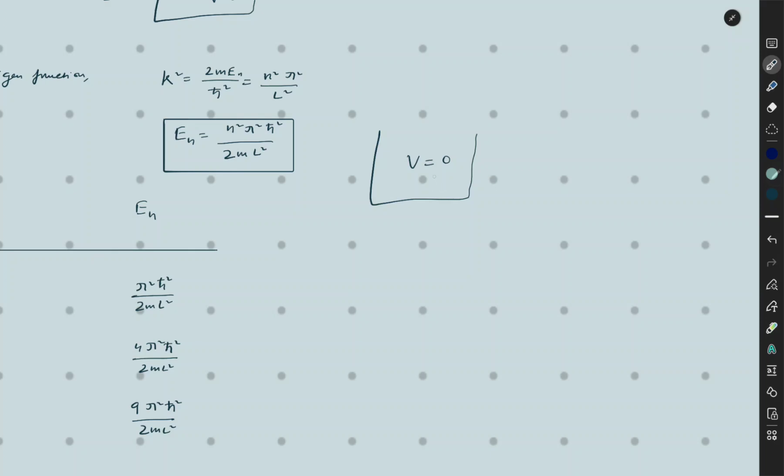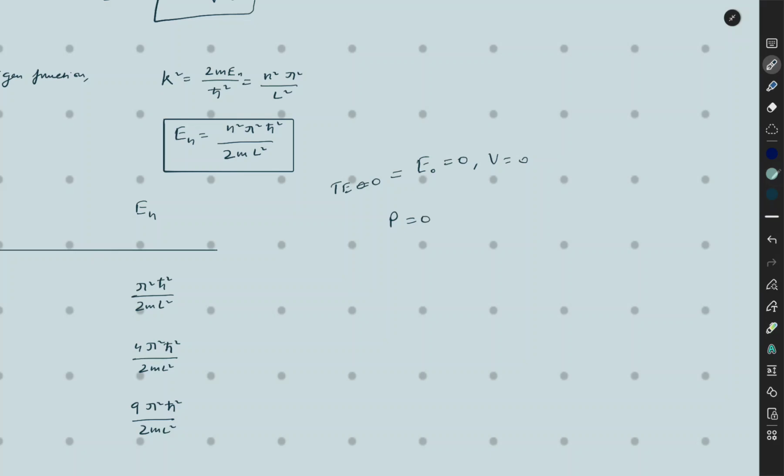If n becomes 0, then E of n, that is E of 0, becomes 0. So what happens when E of 0 becomes 0? If E of 0 becomes 0 and V is also 0, then total energy becomes 0, and if energy becomes 0, then there will be no momentum.